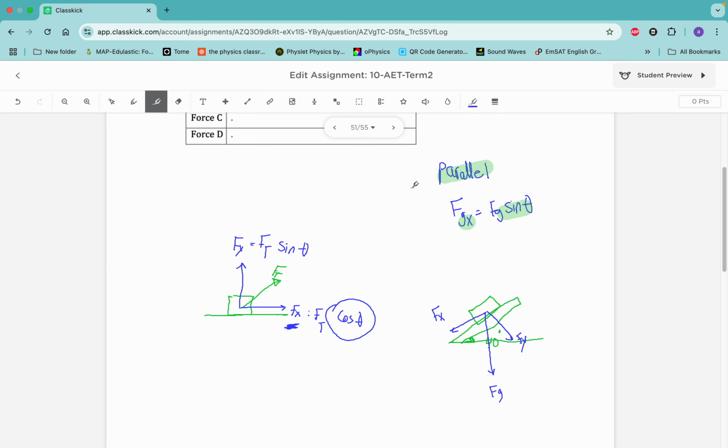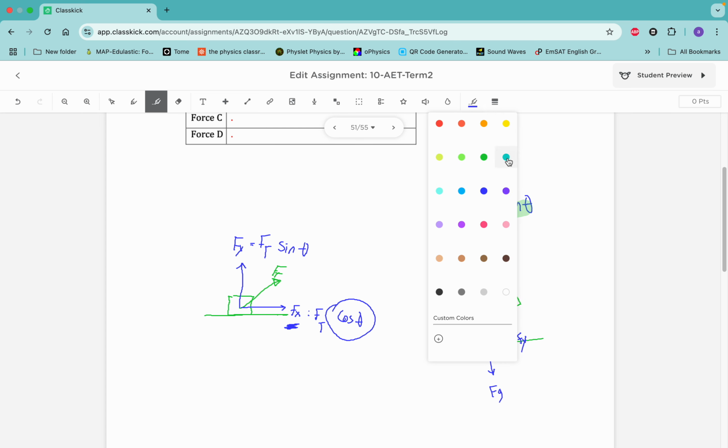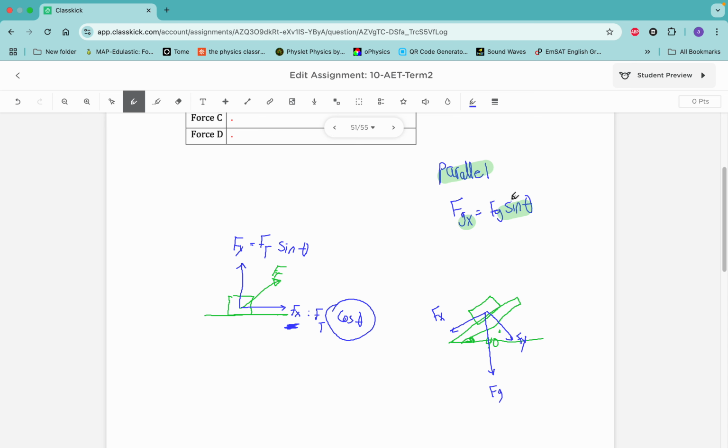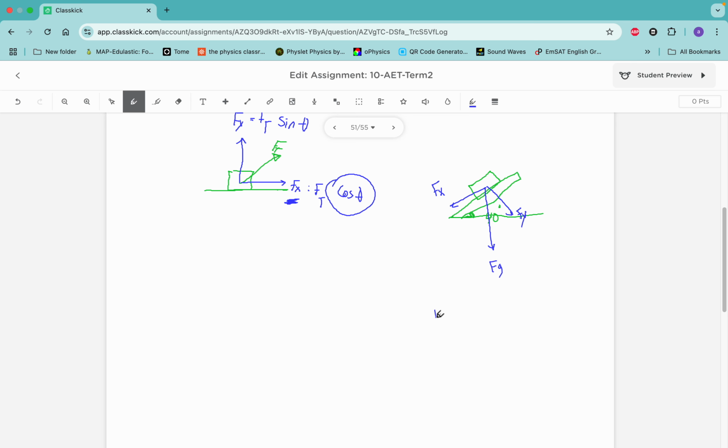The perpendicular component, Fgy, will be calculated using cosine, so it will be Fg cosine theta.